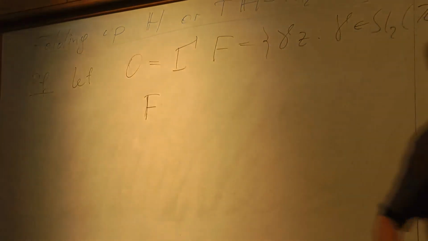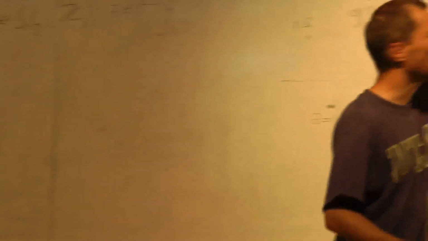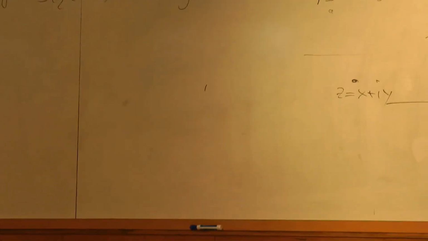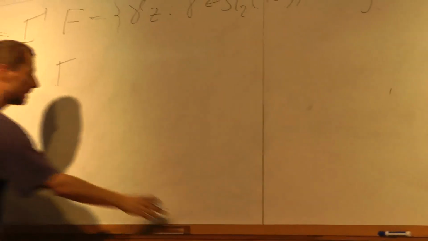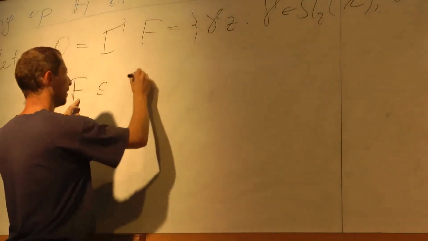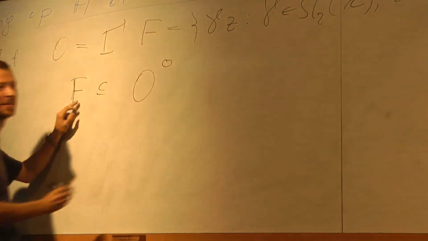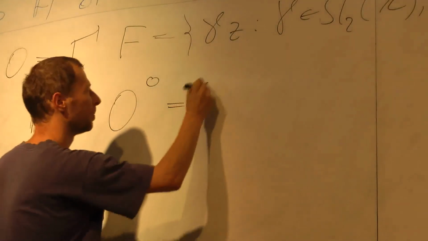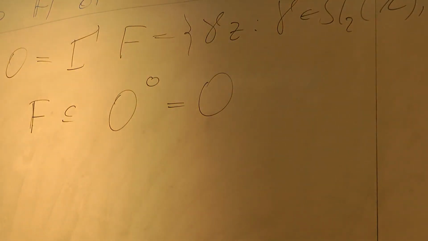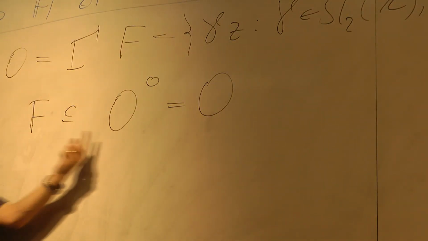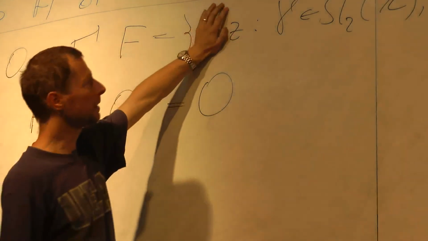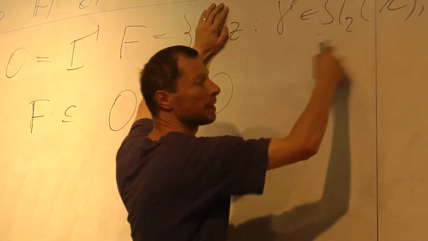So maybe make a choice. The left boundary belongs to F, the right boundary does not, let's say. F is contained in the interior of the set O. Well, a very suggestive notation, right? This interior is actually O. Why? Well, because if you already know that F is an interior, then every point Z is an interior, but gamma is an action.